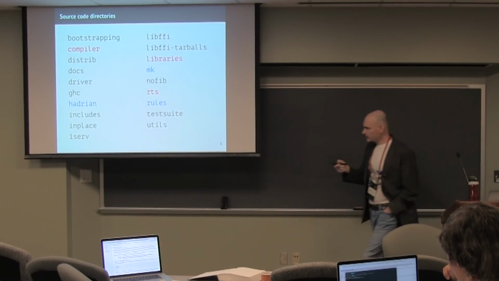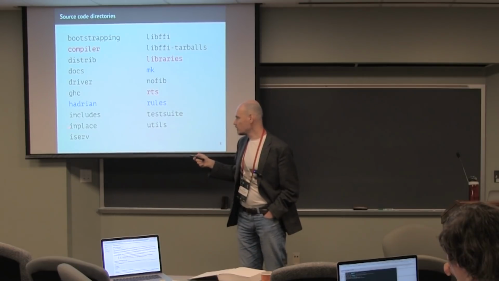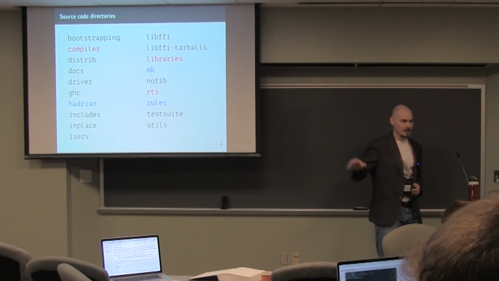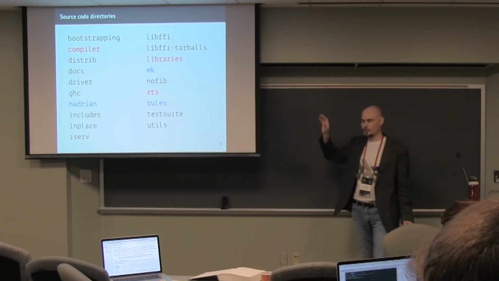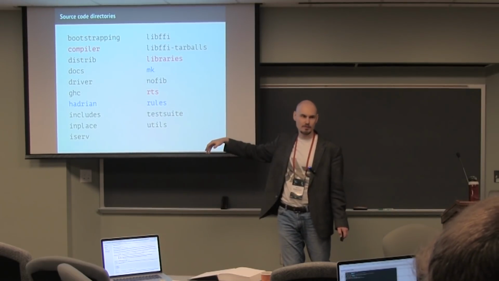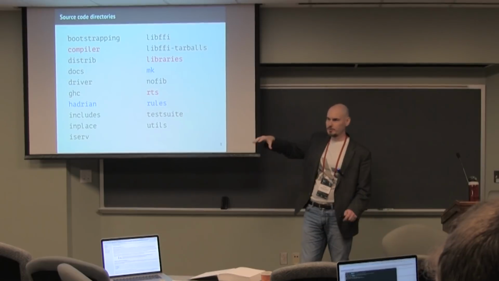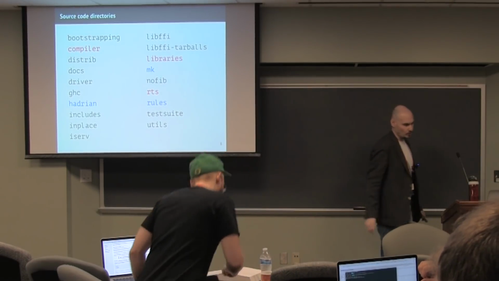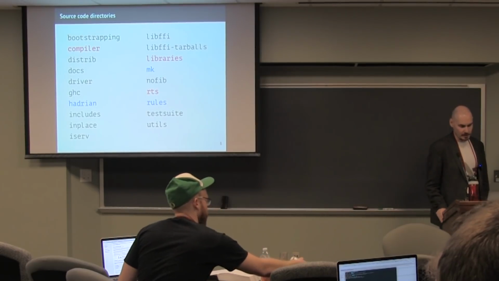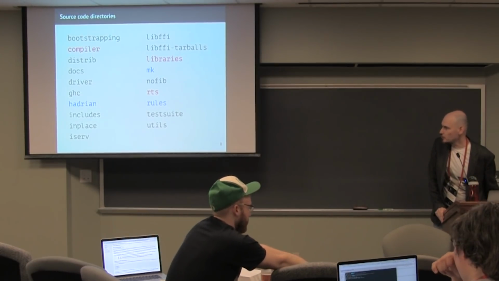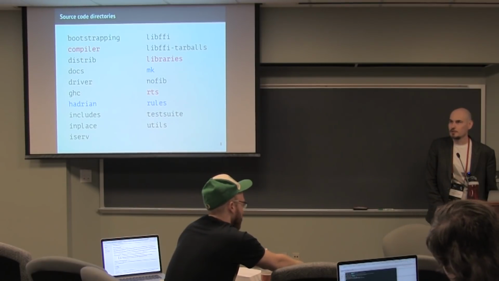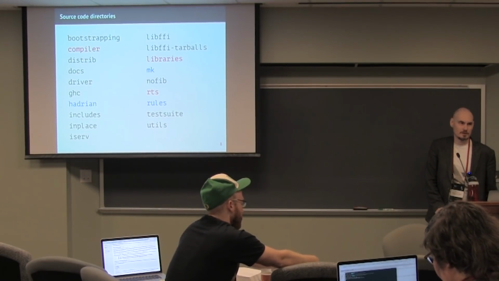All right, the inplace directory is where the results of building will reside. Every library, every executable will go to this inplace directory while building. After building, you can find all executables there just to check whether it was all right. iserv is a directory for the GHC interpreter, which works like a network service.